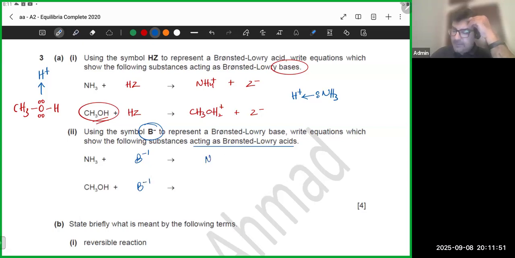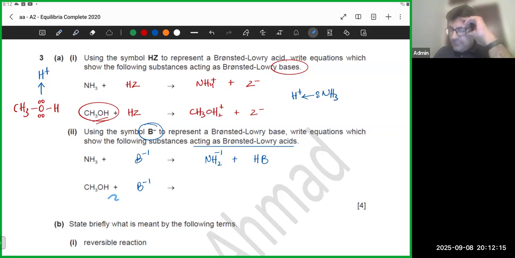So it's going to become NH2-, and the H is lost and attracted to the B- because it's behaving as a base. Because an H+ is lost, it's going to get a negative charge. Whenever you lose something positive, you actually become negative.